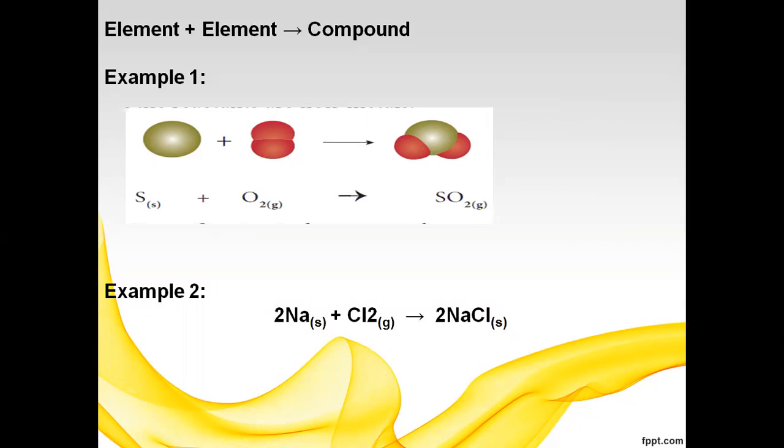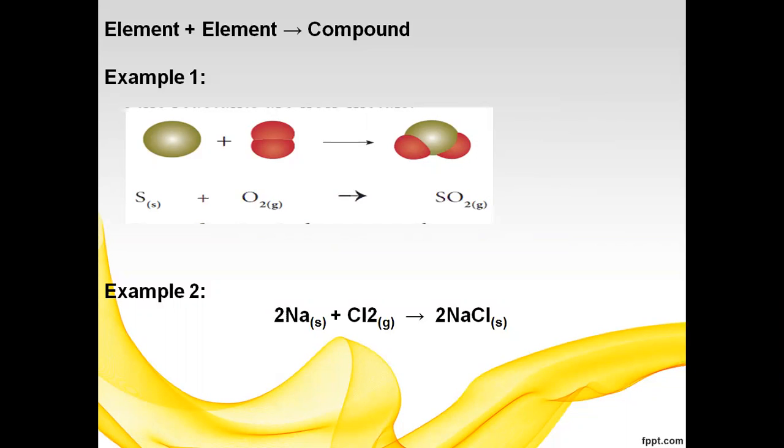Sulfur and oxygen are both non-metals, and both reactants form a compound. The next example is sodium. Sodium is in which state? Solid state. The next one is Cl2(g).